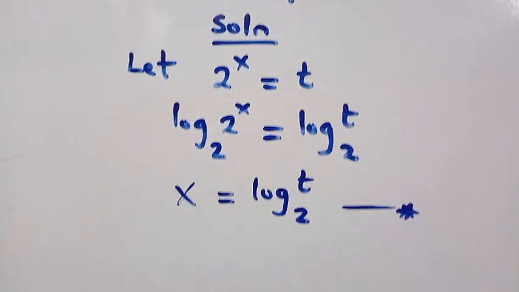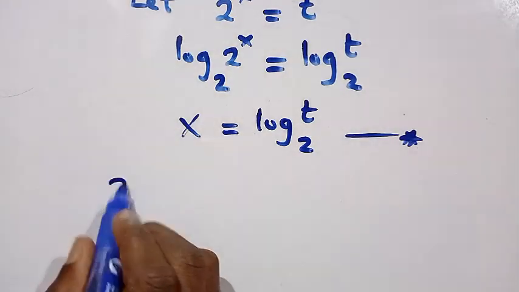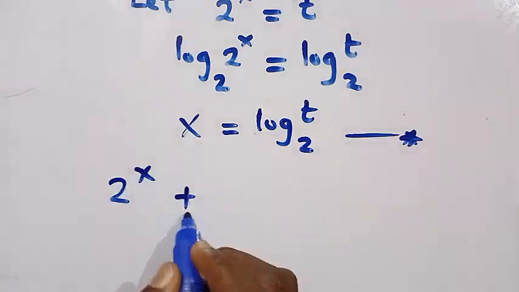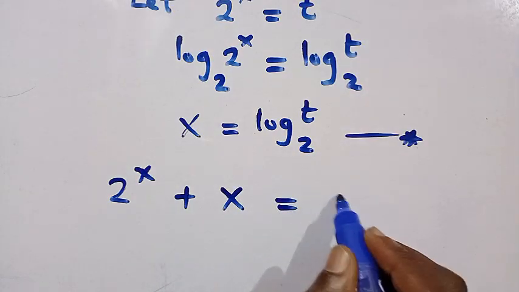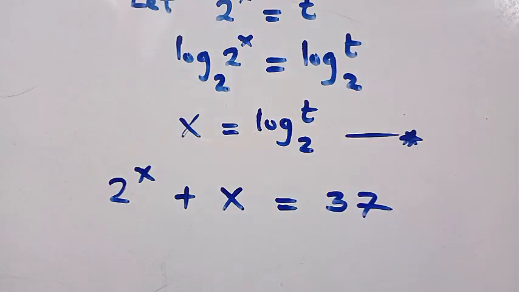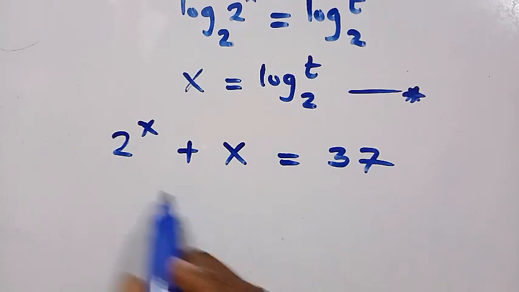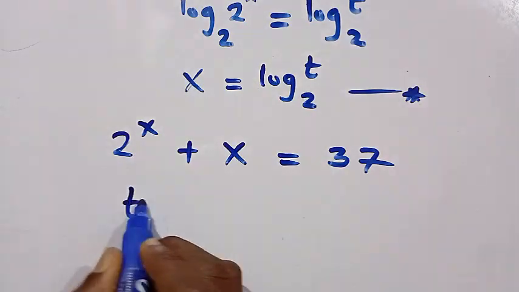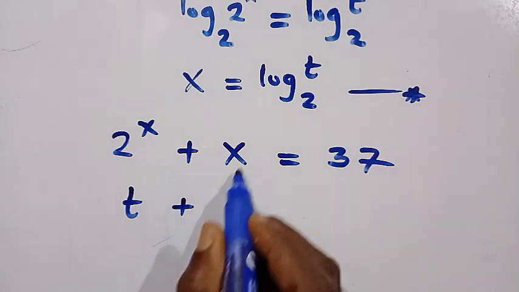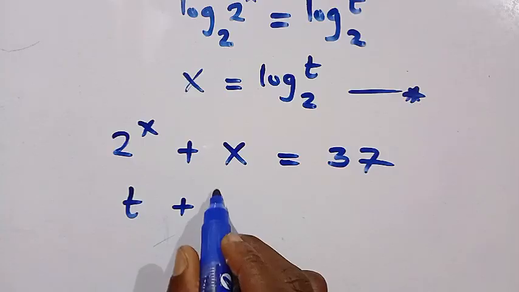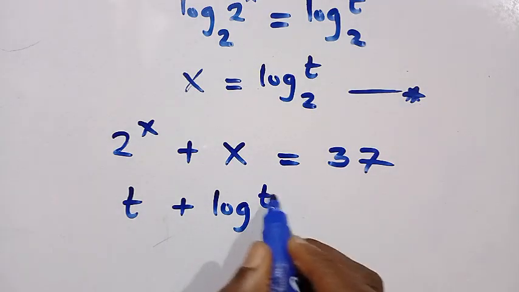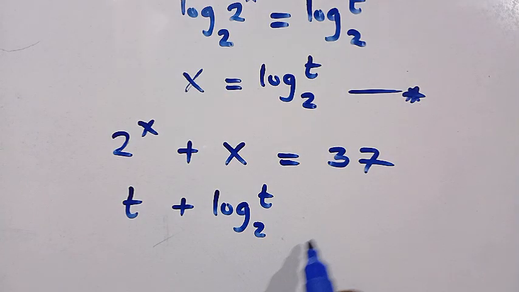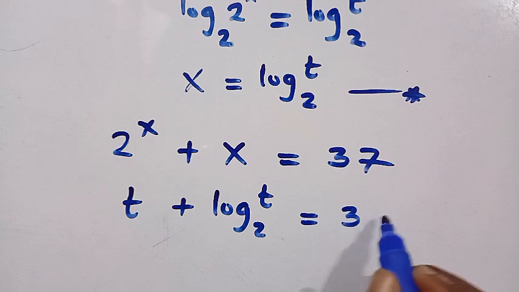Coming back to the question, we have 2^x + x = 37. By replacing 2^x with t, and x becomes log base 2 of t, we have t + log base 2 of t = 37.